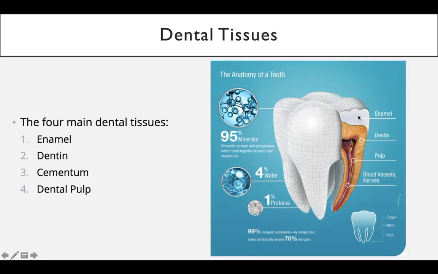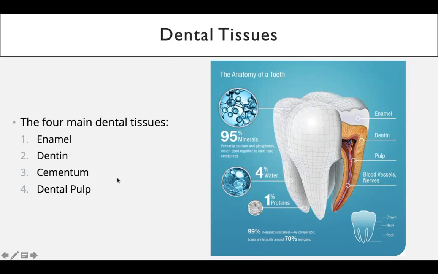Another view: enamel, dentin, pulp, blood vessels and nerves, crown, neck, root. We usually just say crown and root. Teeth are 99% inorganic substances, by comparison bones are typically around 70% inorganic.